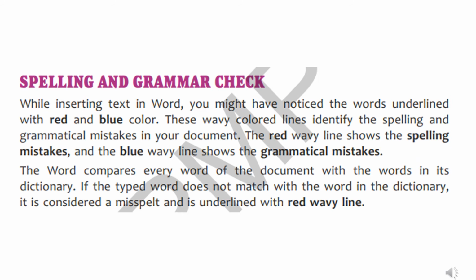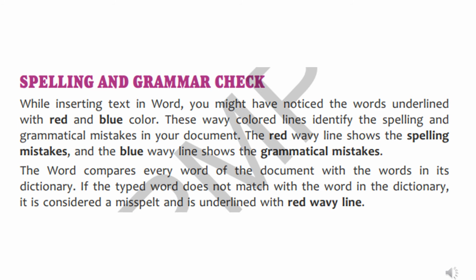Children, now come to spelling and grammar check. This is a very wonderful feature of MS Word. While inserting text in Word, you might have noticed that some words are underlined with red or blue wavy lines. What does it mean? Why are they underlined by different color lines?